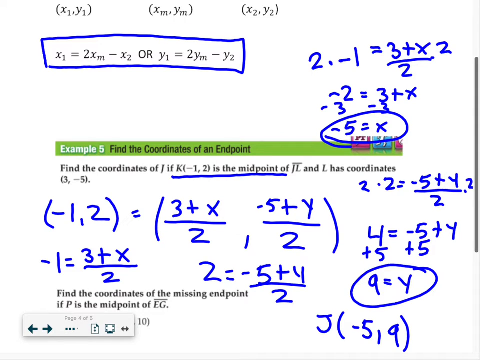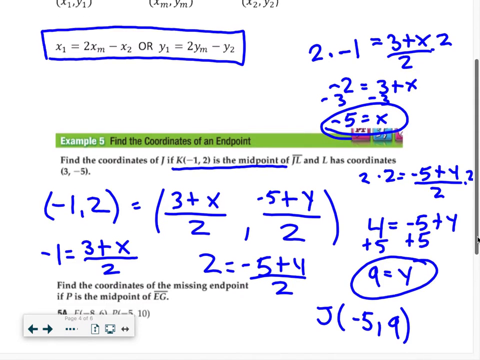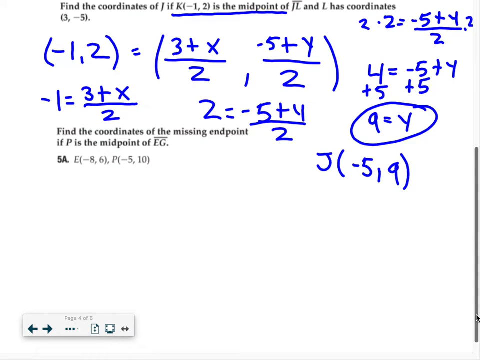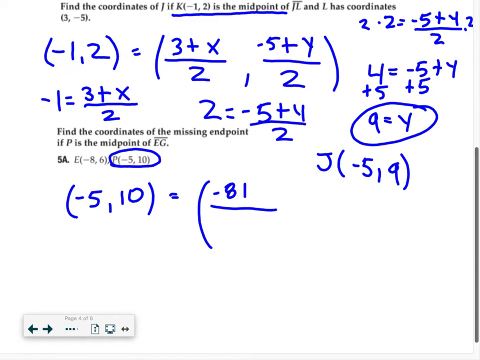Okay. Similar type problem here for EG. The midpoint here is P, so the midpoint is -5, 10, and in the formula again, you add the x values together, so it'd be -8 plus x over 2, and then you add the y values together, so 6 plus y over 2.